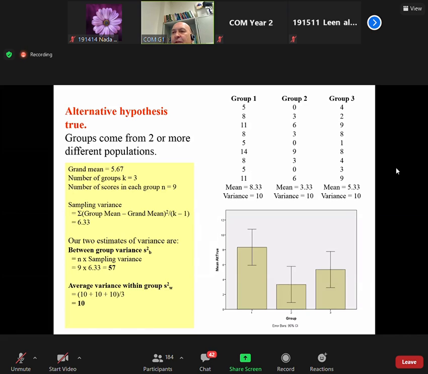And then there's another degrees of freedom, which is the number of patients in the study take away the number of groups. So here we've got 9 in each group, 9 times 3 is 27. Take away 3 would give us 24.